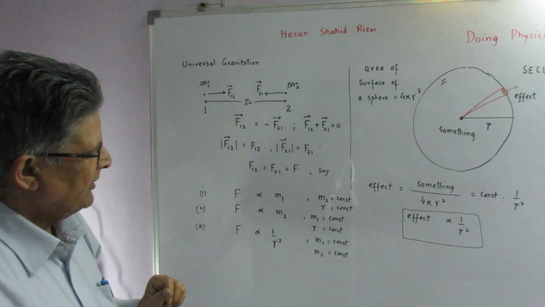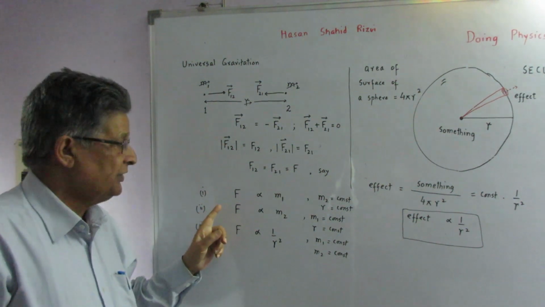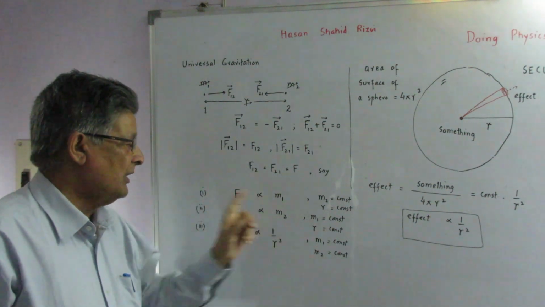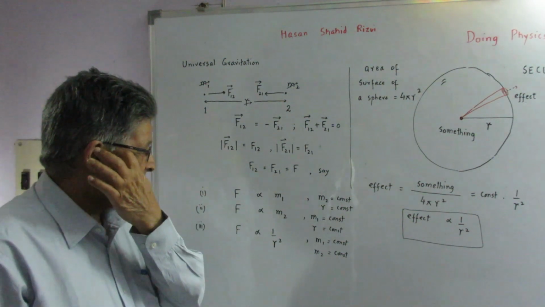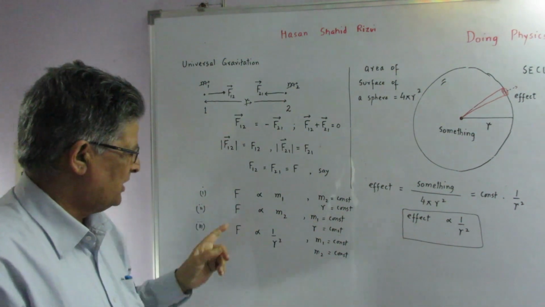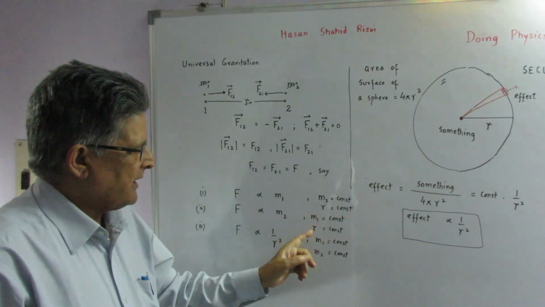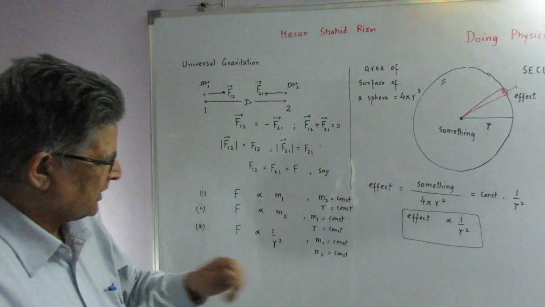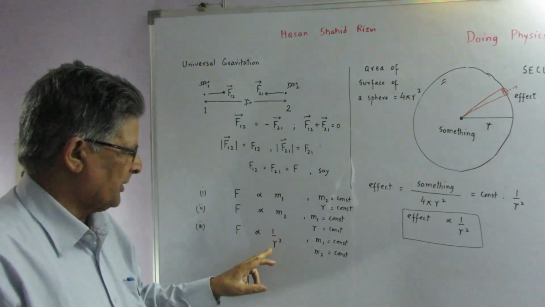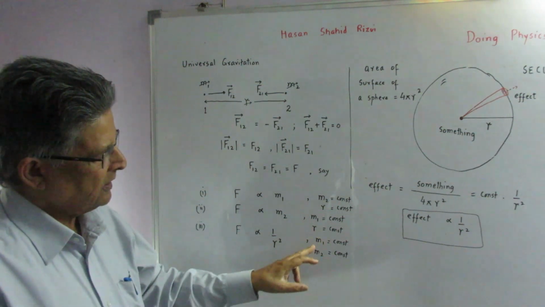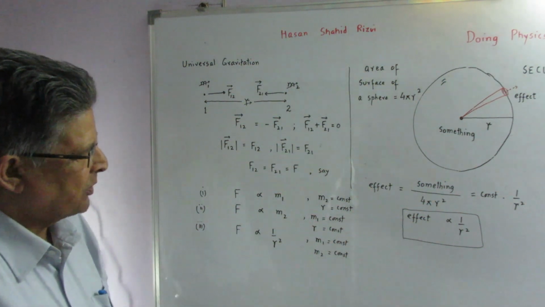Then we find that in the law of universal gravitation, F is proportional to M1 under the constraint that M2 and R are not changed. F is proportional to M2 when M1 and R, the two other variables, are taken as constant. And F is proportional to 1 upon r square when the variables M1 and M2 are kept constant.